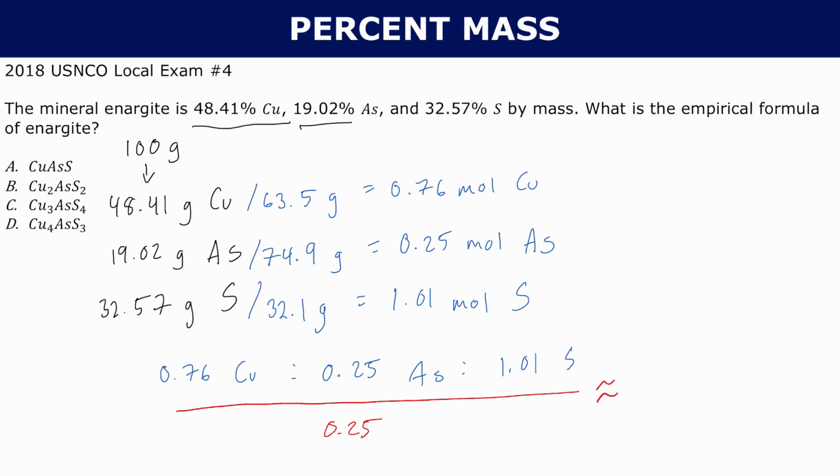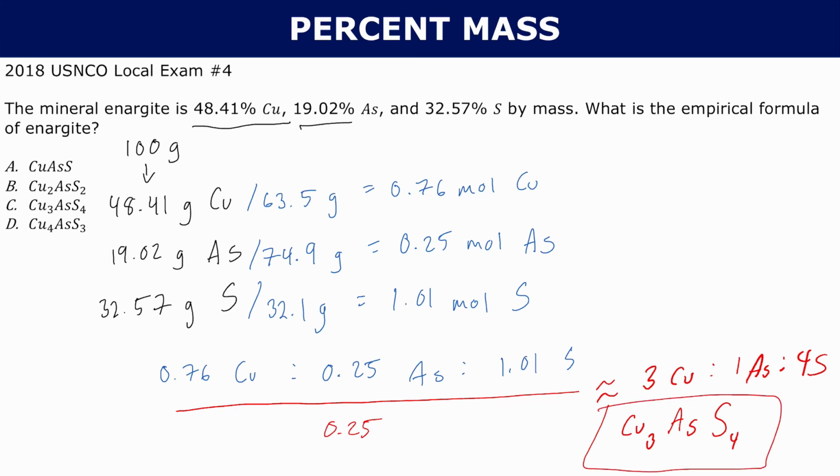So the new ratio that you have is about 3 copper to 1 arsenic to 4 sulfur. So that means your empirical formula is Cu3AsS4. That is your empirical formula, and that is answer choice C. And that is the correct answer.